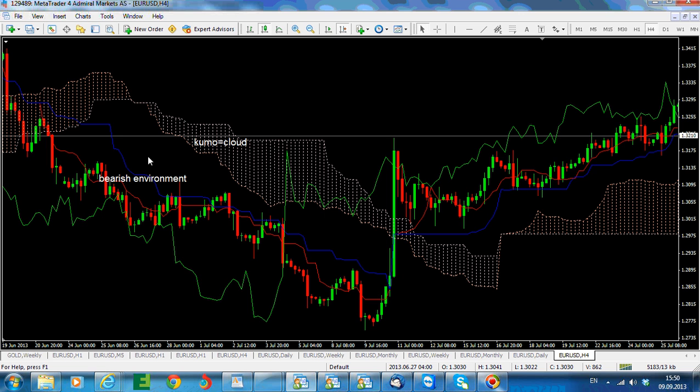Now the Kinko is the actual price projected backwards in history for 26 periods. In our case, this is a 4-hour chart, and the Kinko is projected 26 periods back.